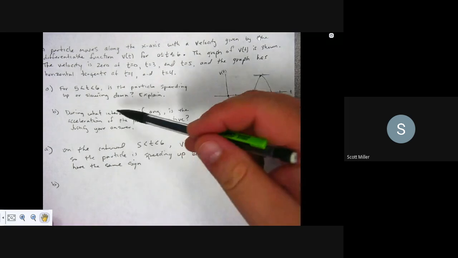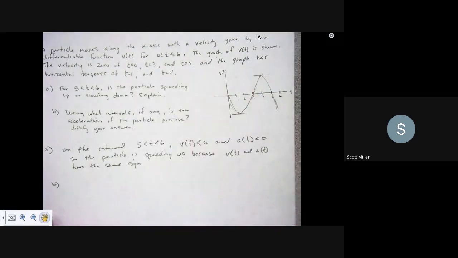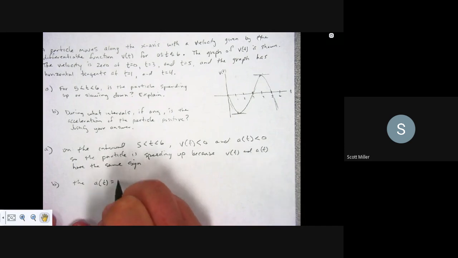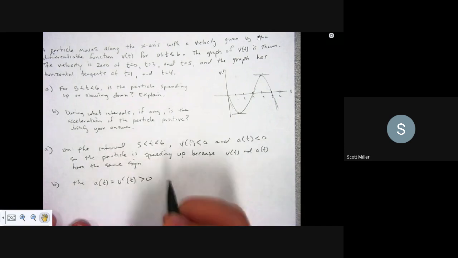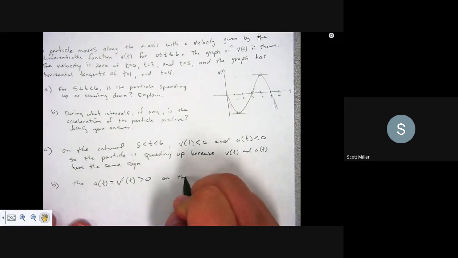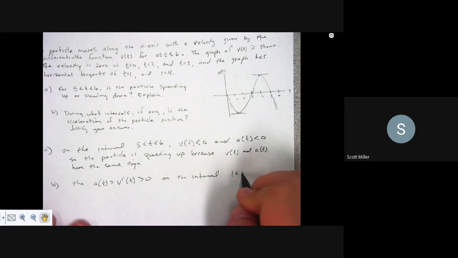So, during what intervals, if any, is the acceleration of the particle positive? There you go. The acceleration, which is the derivative of the velocity function, is greater than 0, positive, on the interval 1 is less than t is less than 4.